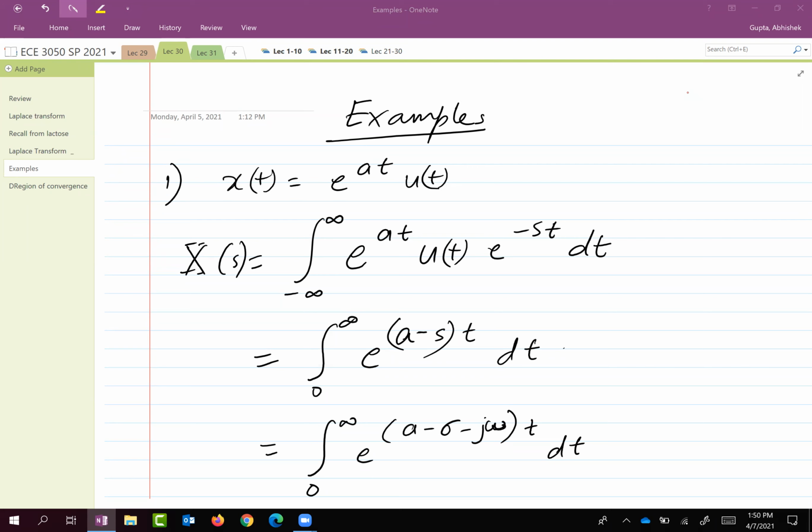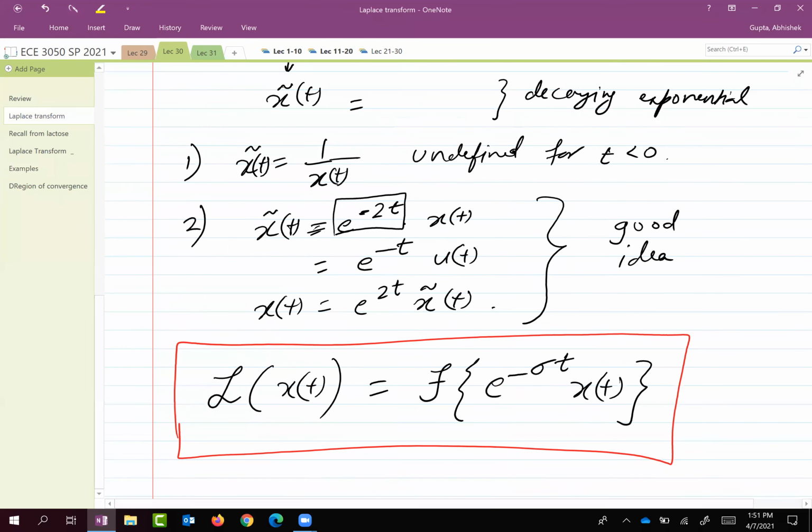However, Laplace came up with the idea that instead of taking the Fourier transform, let's discount the signal using e raised to minus sigma t term, and then the overall signal would become absolutely integrable, and therefore we could take the Fourier transform of that, and this entire process is known as Laplace transform, right?